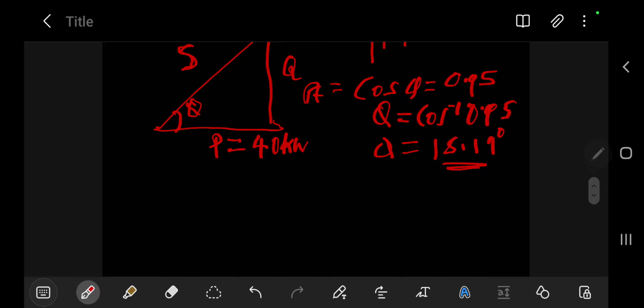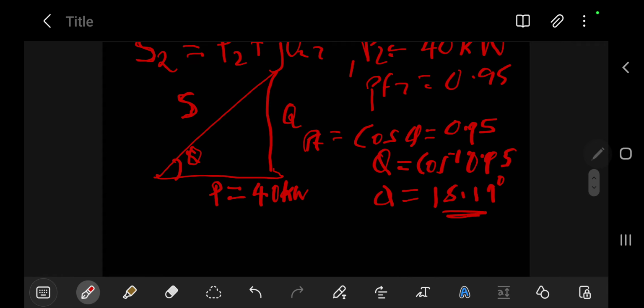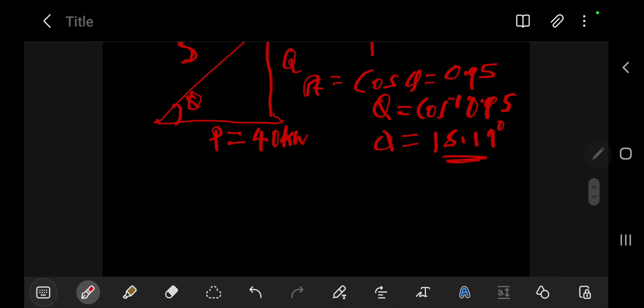So we can now work out what Q is from this using the triangle. I think it's the same thing as what we did in the previous example, because we have the adjacent here, and then we also have the opposite like this.